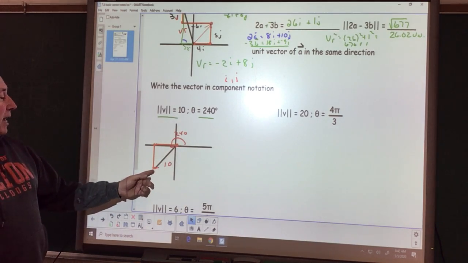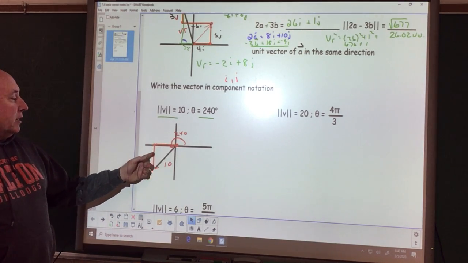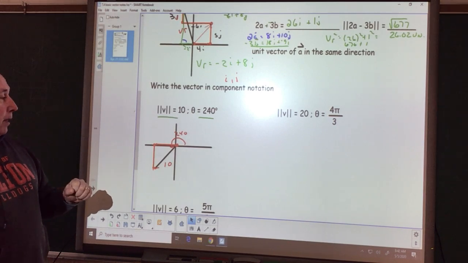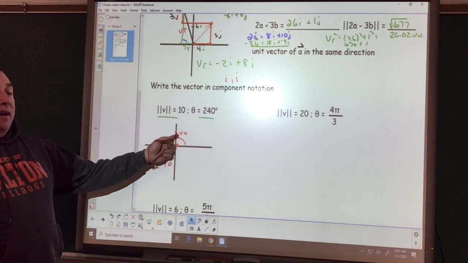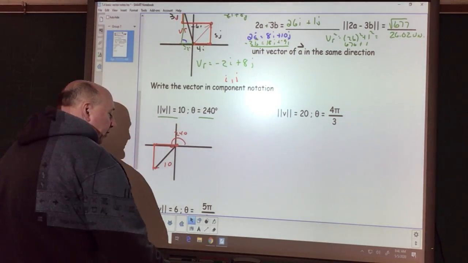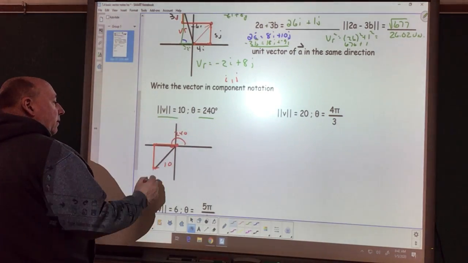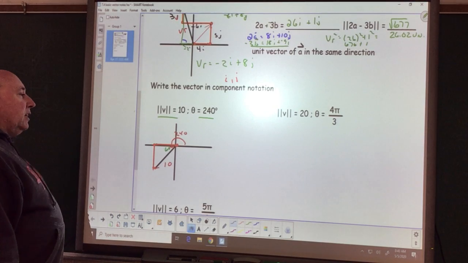So I want to go 10 at 240 degrees, but I want the horizontal and vertical components. If I take a look at what we have here, we have 60 degrees there.